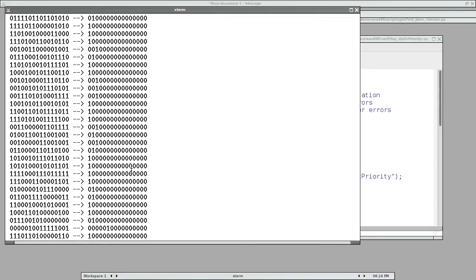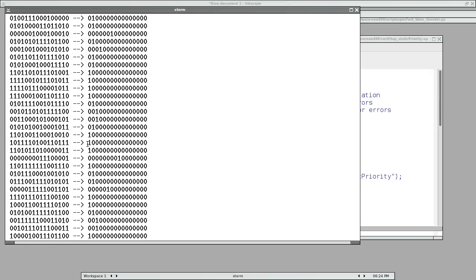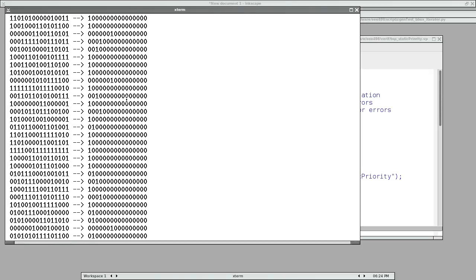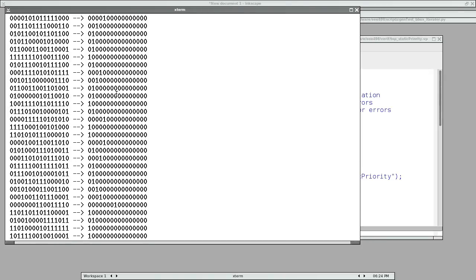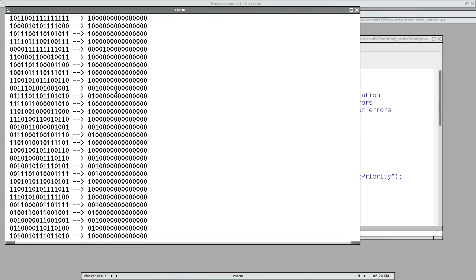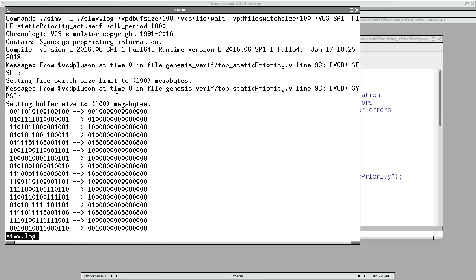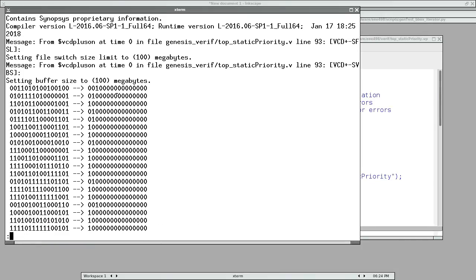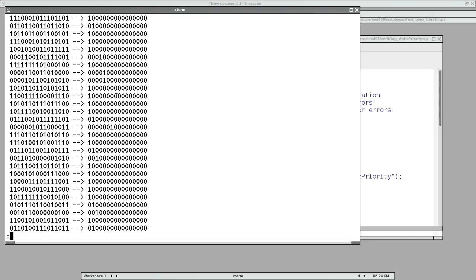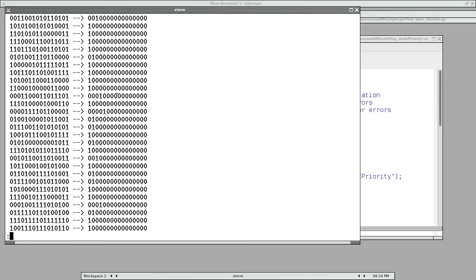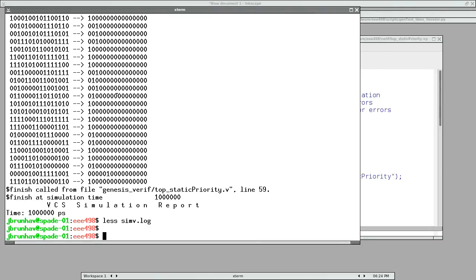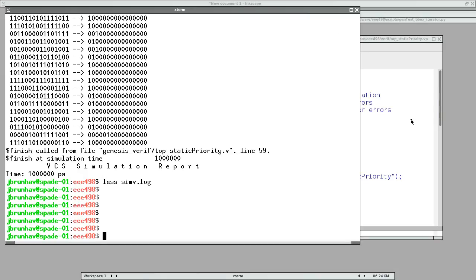So we should have an output now that indicates that things are going the way we expect. We didn't really have any assertions trigger. So you can look at the simulation log. It doesn't look like anything really bad happened.